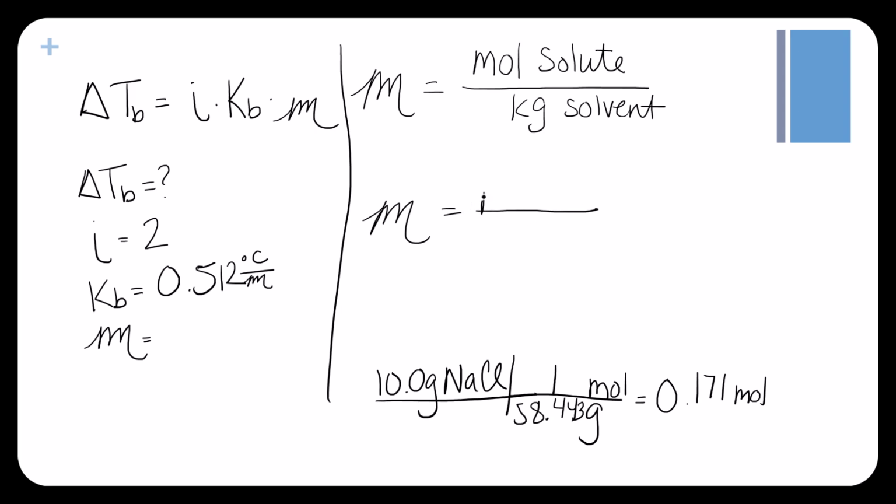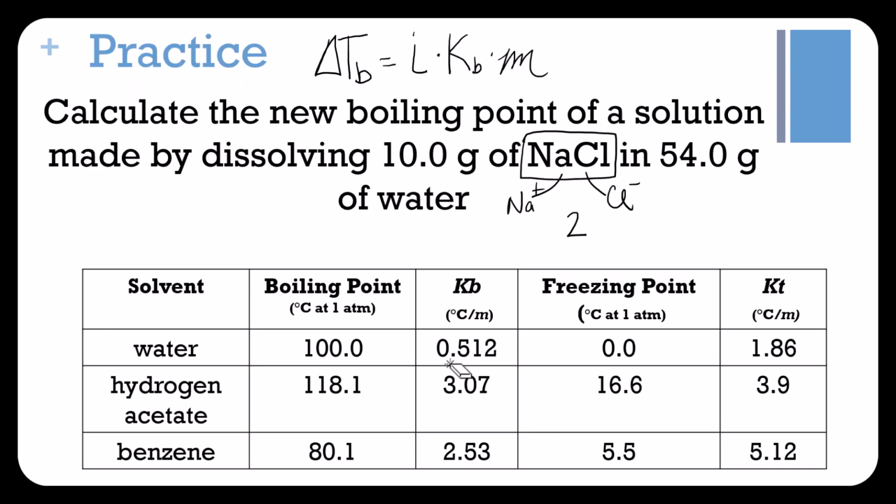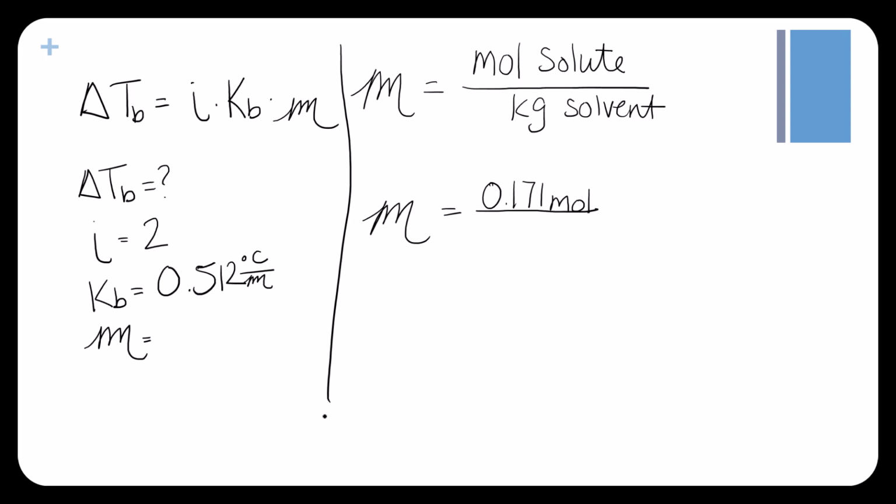So that's going to be a value that goes up here. All right, on the bottom is kilograms of our solvent. In this problem, it doesn't give us kilograms of solvent. It gives us grams of water, but an easy grams to kilograms conversion, and we'll get that number.